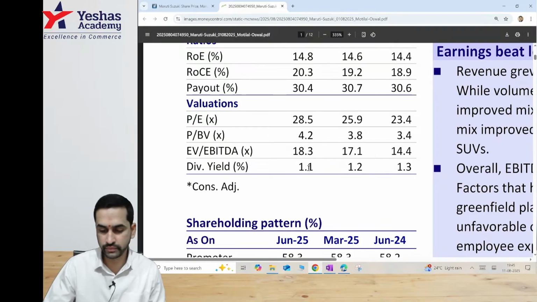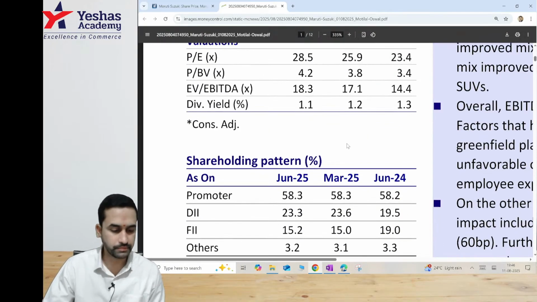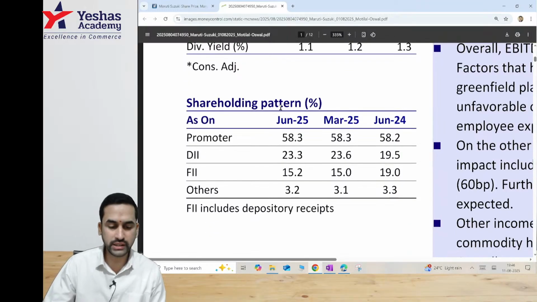DPS by MPS, 1.1 to be understood in percentage. Anything you see in bracket as X, it should be understood as multiples. 28.5 times, 4.2 times, 18.3 times. Anything in percentage, you know it is 1.1%.